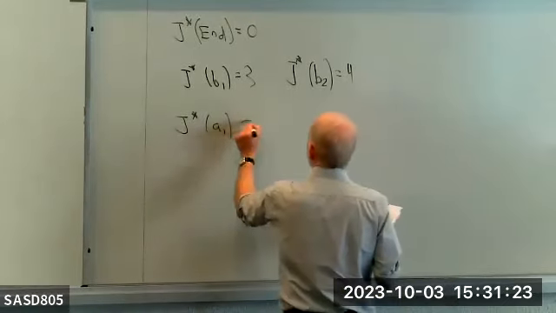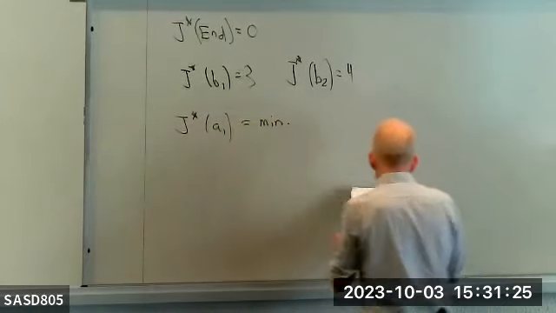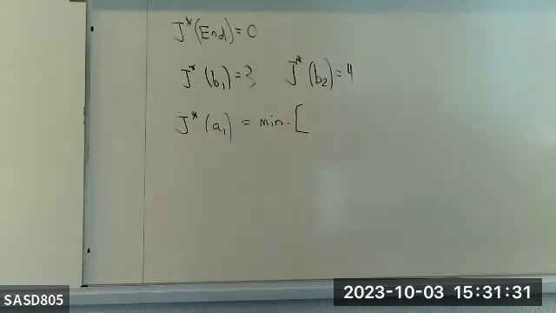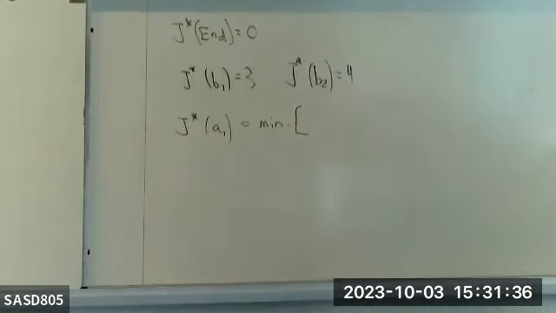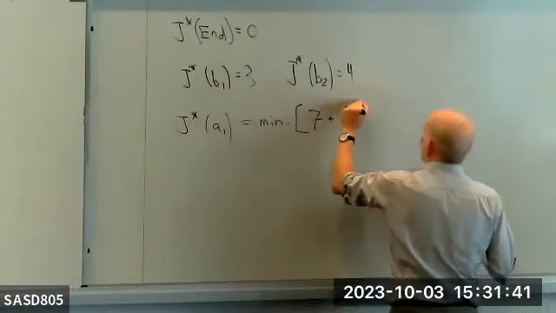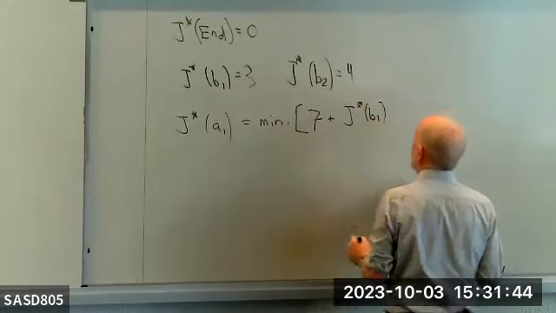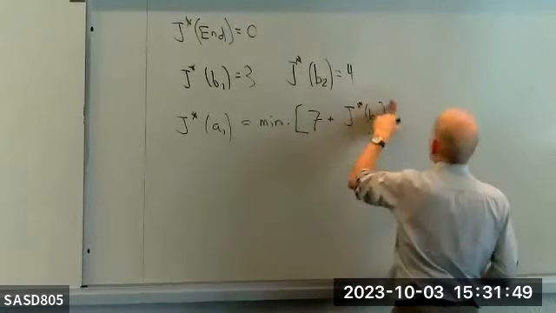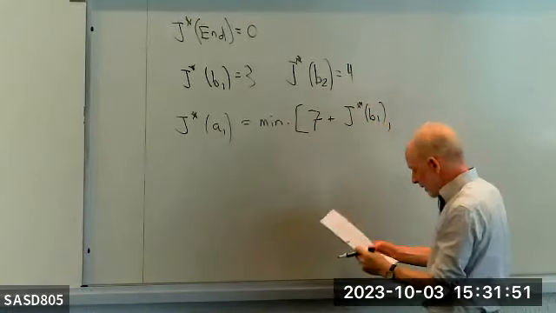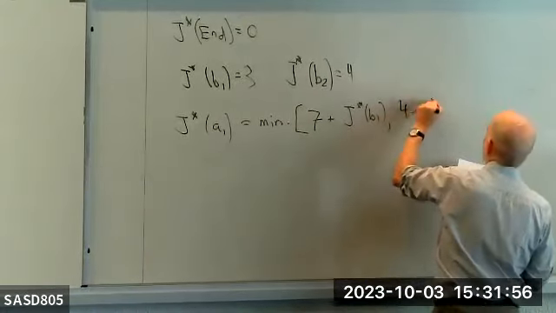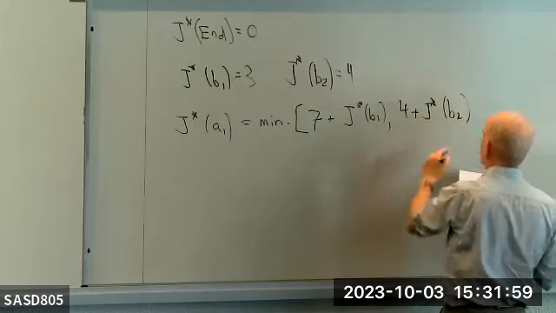The B1 route would be 7 plus, let me write it in a suggestive way, plus j star of B1, which is 3. So that's one possibility. The other possibility is you go 4 plus j star of B2.